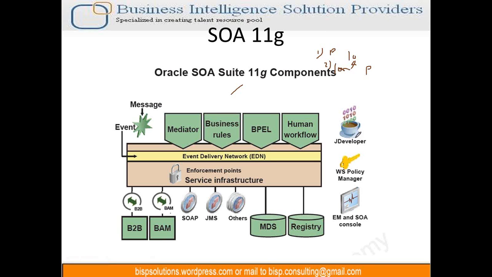You don't need to do anything, you only have to install your box. It will come up, and once you are done with the work you can just stop it. The only requirement for having SOA on your system is at least 4 gigs of RAM and at least 30 gigs of space available on your hard disk. This is the only hardware requirement you need to fulfill.